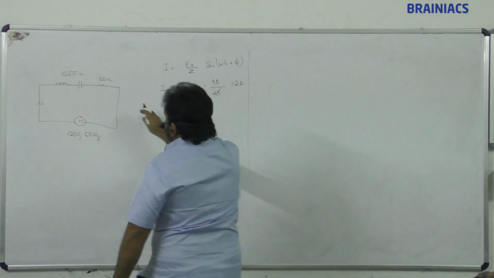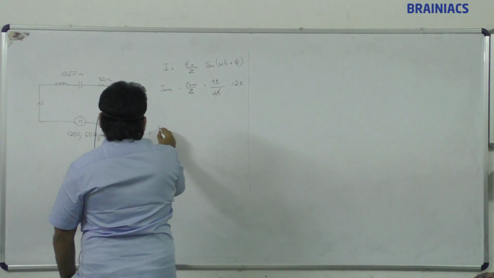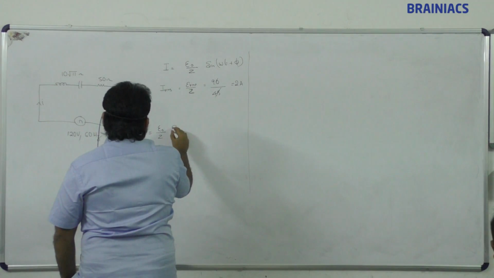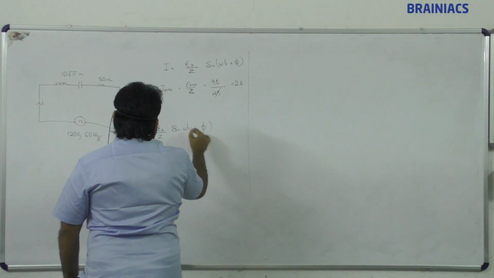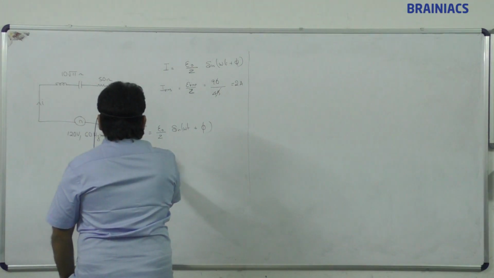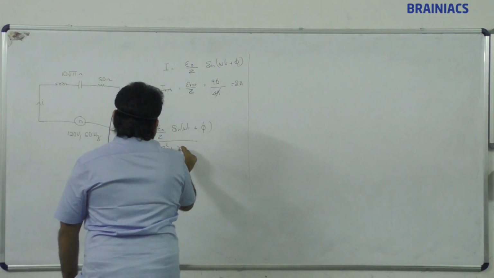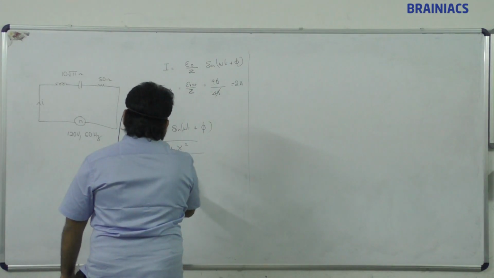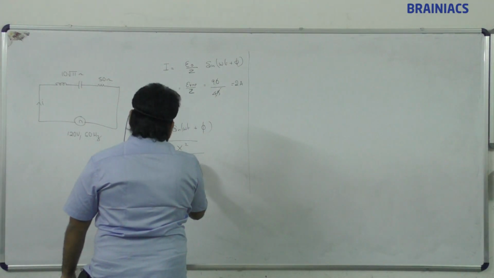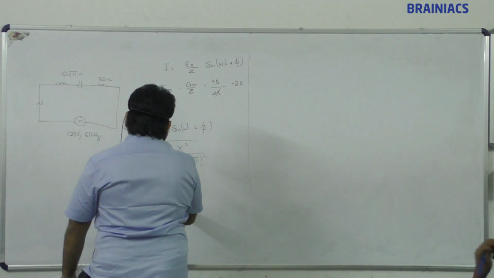Based on this circuit, I is equal to what? E naught by Z sine omega t plus phi. Z is the root of R square plus X square, so this is the root of 50 square plus 10 root 11 the whole square.